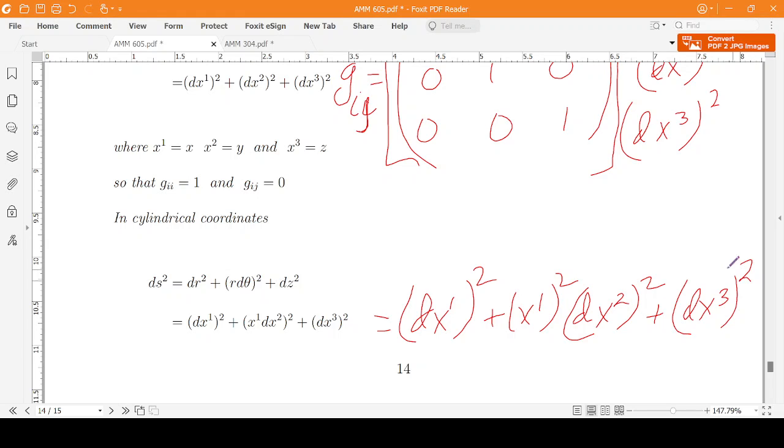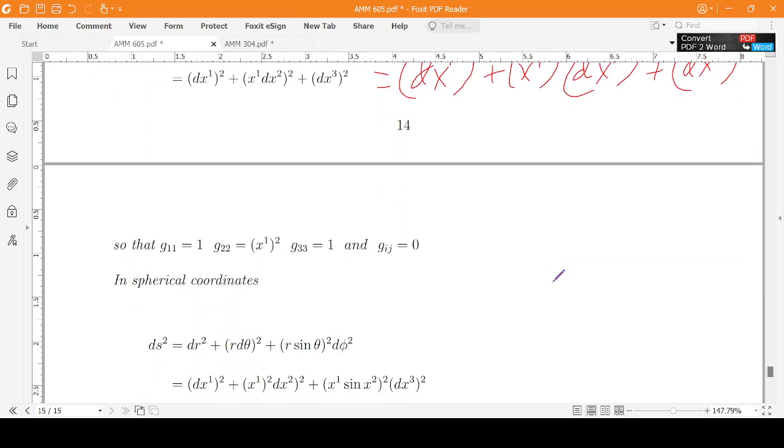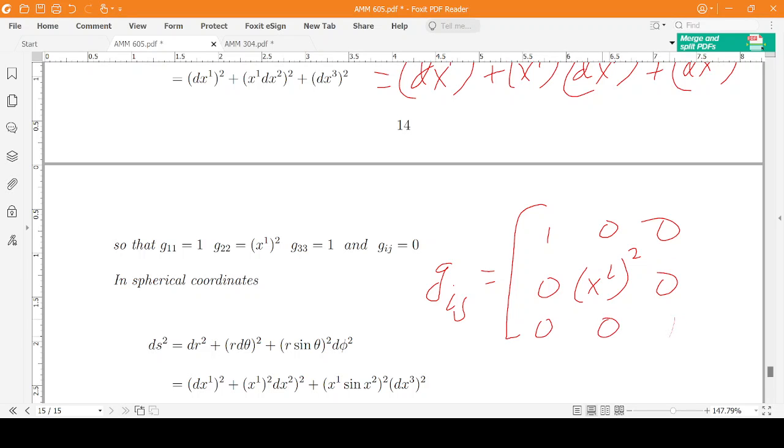And you can see now that when we write g11, we'll get a value of 1, the coefficient here. G22 is x1 squared, and G33 is 1. Then for any other value, Gij we get 0. So here we have the matrix Gij being equal to 1, 0, 0, 0, x1 squared, 0, 0, 0, 1. So the matrix is of that form.